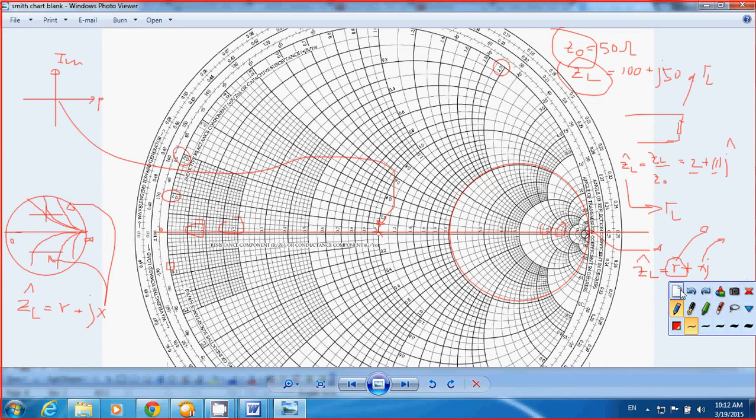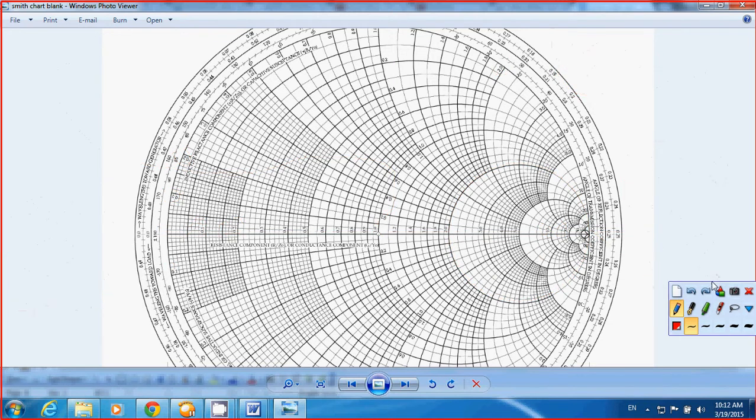Now let's get back to where we left off, right? So you have normalized load impedance ZL becomes 2 plus j1, right? Redraw all over again.